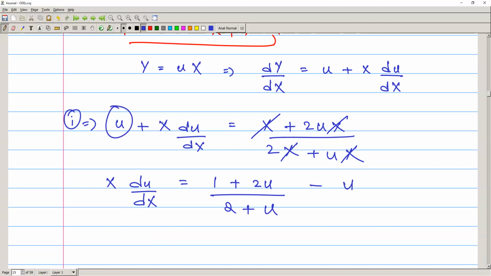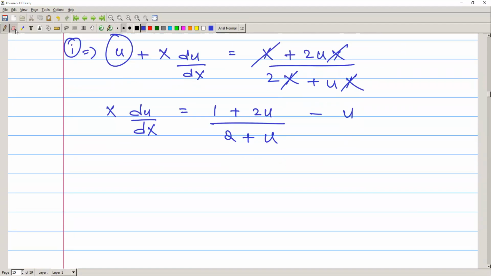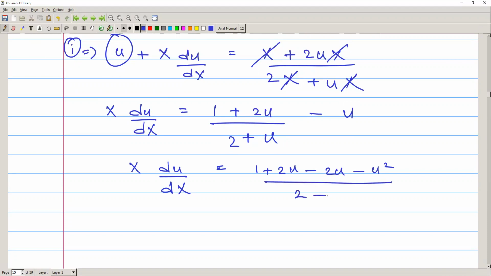Move this u to the right hand side and this will be minus u, right? So this is 2, this is 2, right? Now take the LCM, so we will get (1 plus 2u minus 2u minus u squared) over (2 plus u).